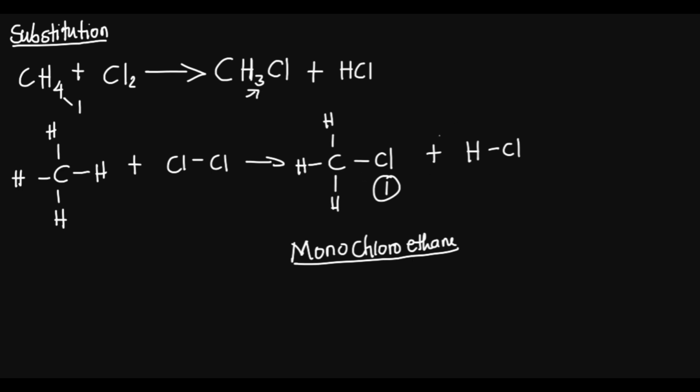Then the last chemical reaction for alkanes, we can look at steam reforming. Steam reforming is also one of the ways in which hydrogen can be formed. So whenever they are trying to prepare hydrogen, they can use steam reforming.